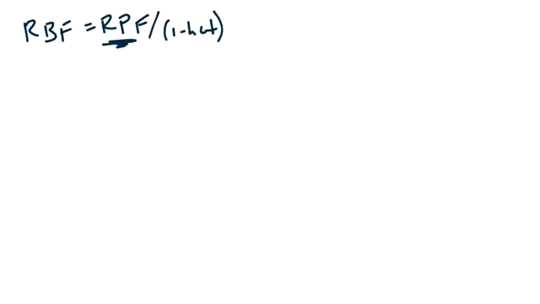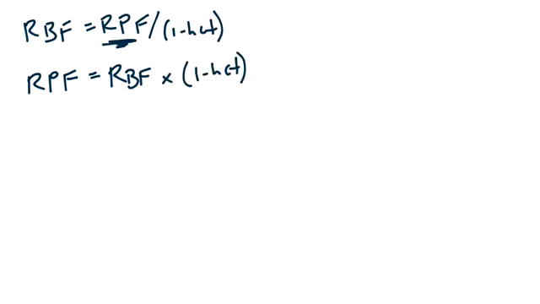Now let's use the same equation, renal blood flow equals renal plasma flow over 1 minus hematocrit, but rearrange it to solve for renal plasma flow. So if we multiply both sides by 1 minus hematocrit, we get renal plasma flow equals renal blood flow times 1 minus hematocrit. Let's do the same examples and see what happens to renal plasma flow.